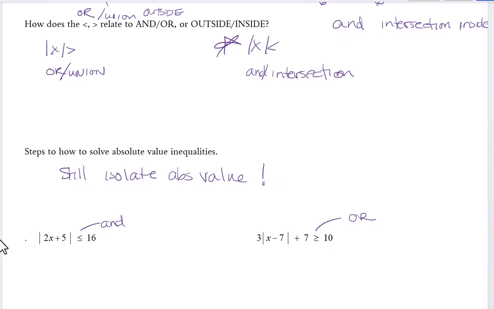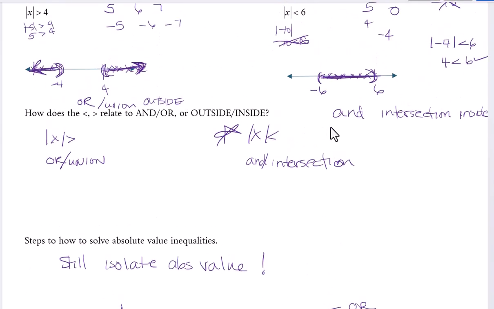This one here is completely isolated, so just like with our absolute values, we're going to have both the 16 and -16. But if you notice, I didn't write the inequality in there, and I'm going to talk about that. When we had the and situation, it was less than the positive and greater than the negative.